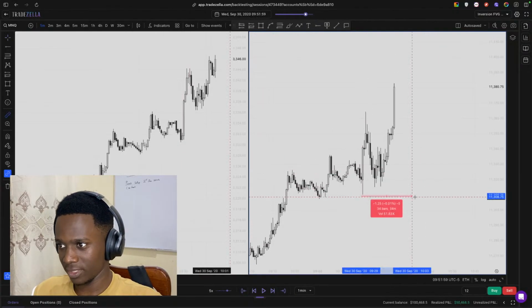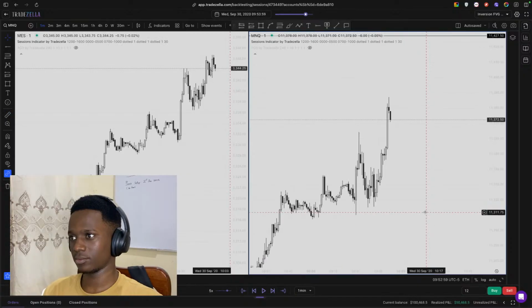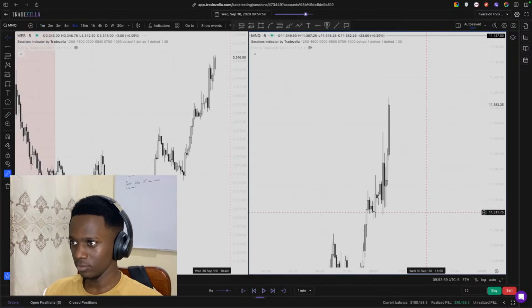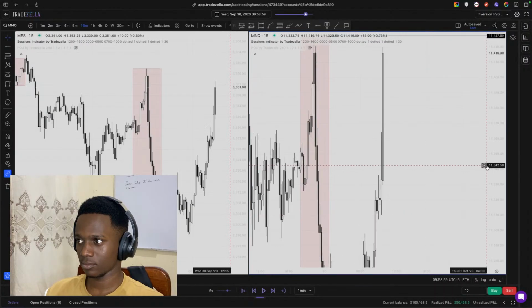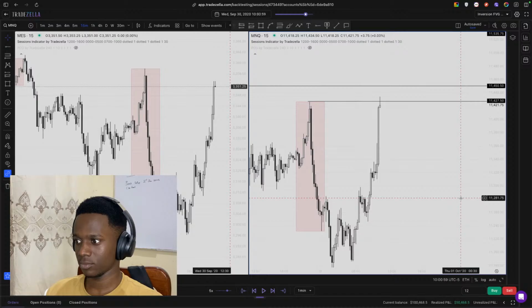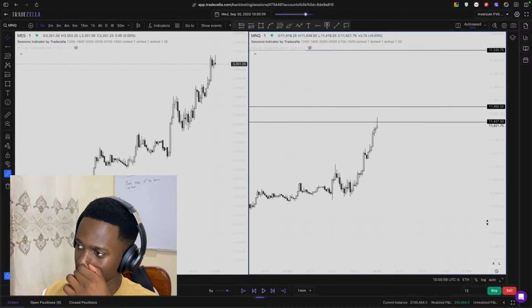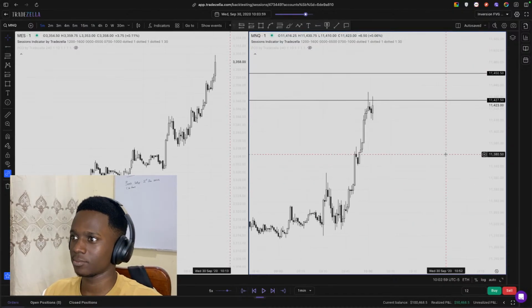So price leaves behind this 9:30 low. So price hits Asia highs right at the 10 a.m. open.